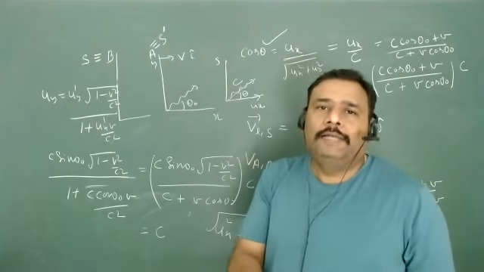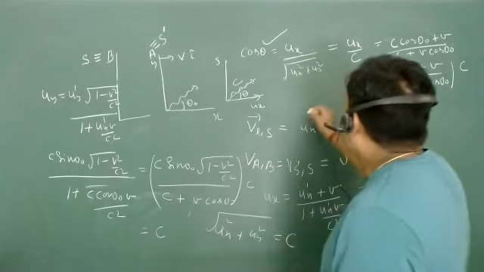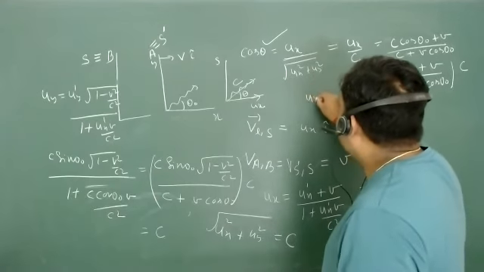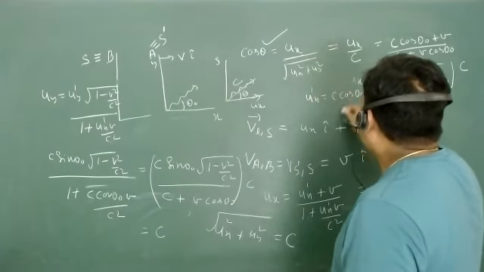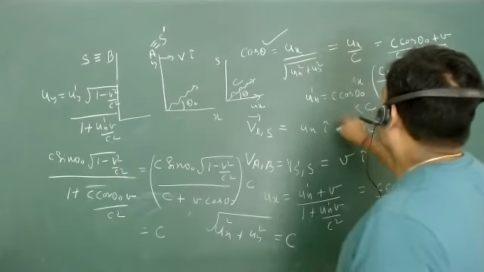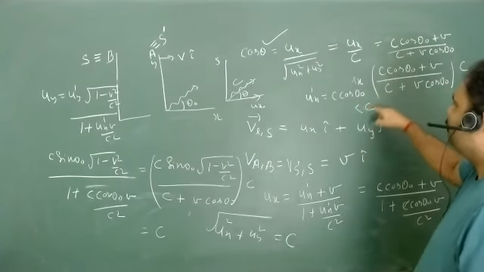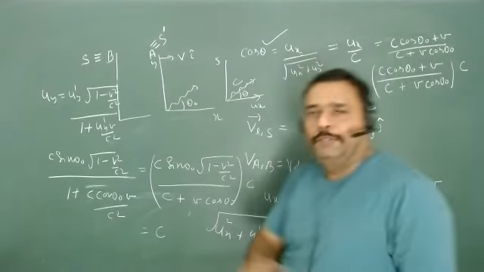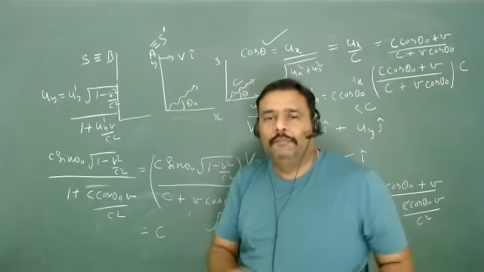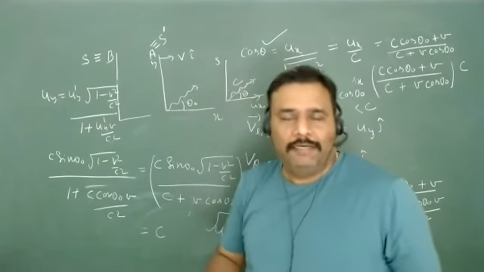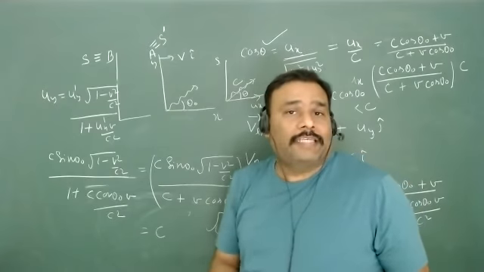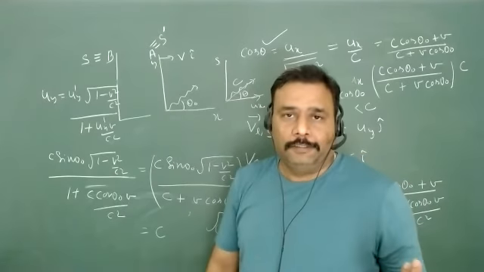Why can the component be changed? Because ux dash is nothing but c cos theta naught, which is less than c, isn't it? c cos theta naught is less than c. Cos theta is always between -1 and +1, and in terms of magnitude, this will be some fractional value. So if it is a fractional value, it is going to change.